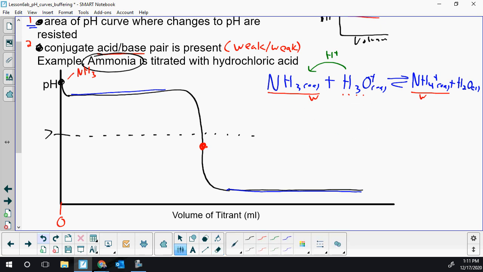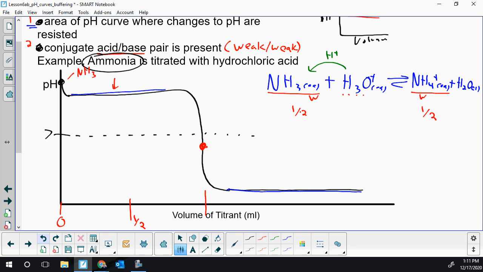Next, I'm going to move out into the middle of this buffering region and think, what's going on there? If I was bang in the middle of that buffering region, halfway to the equivalence point, that would be the point where I still have half of the ammonia left, and I've made half of the maximum amount of product.